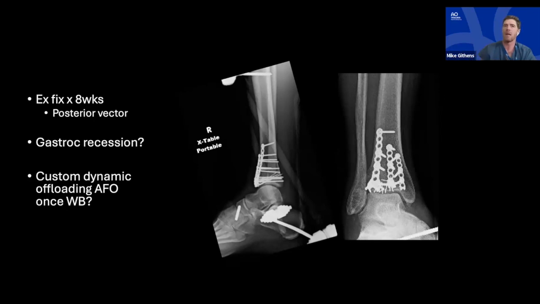And so for me, adding a custom dynamic offloading AFO once they're weight bearing, at least anecdotally, seems to be another small way to tip the scale in these patients' favor in regards to keeping the talus under the plafond. So these are some of the things that I'll think about in regards to basically backing up all of the hard work that we've done on the front end, so that the talus isn't coming out the front.